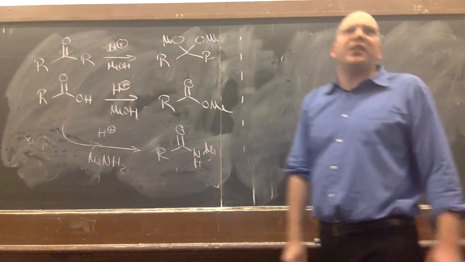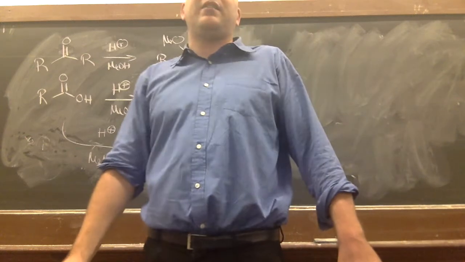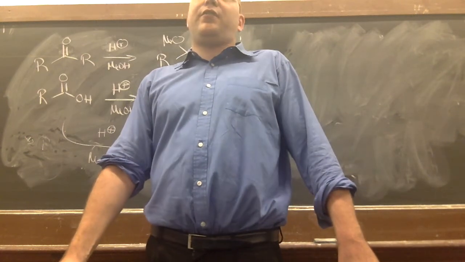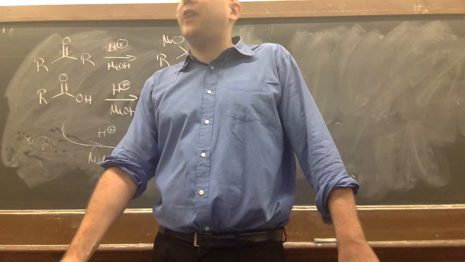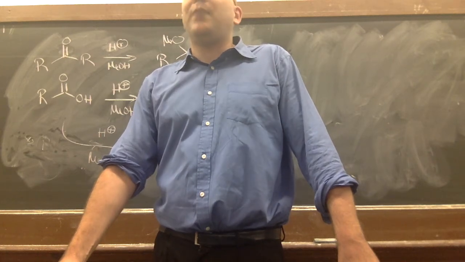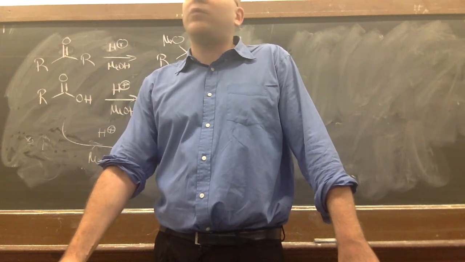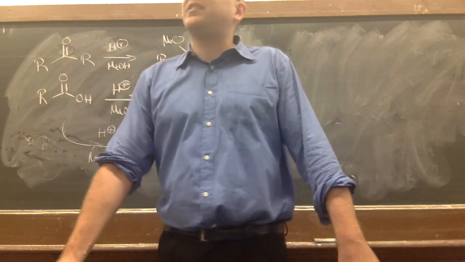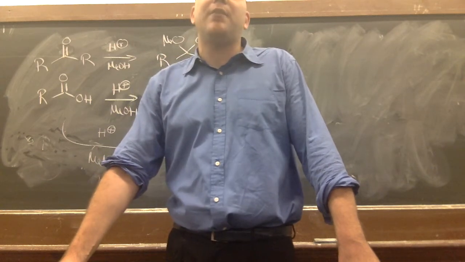I don't think you guys are learning DCC coupling chemistry for ester formation or for amide formation and the mechanisms of these things. I don't recall. I think they learn it in peptide synthesis or something like that, but we don't spend too much time in depth on it.